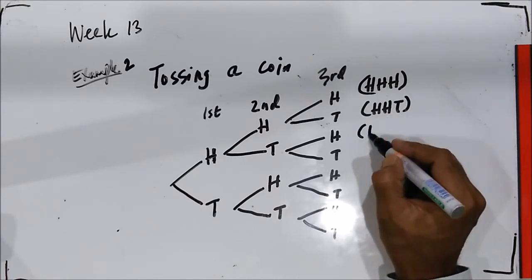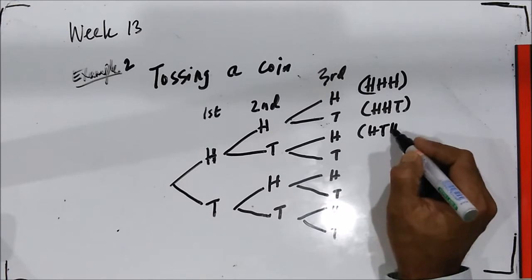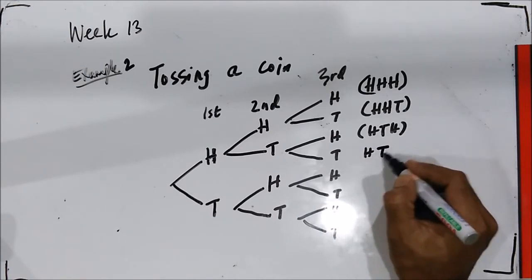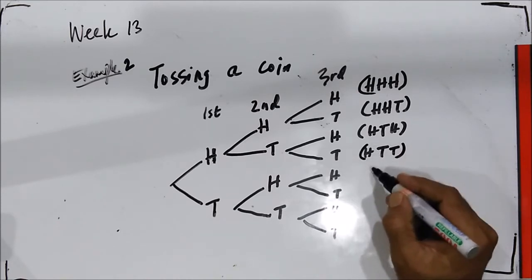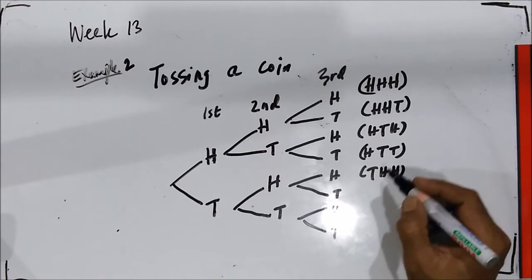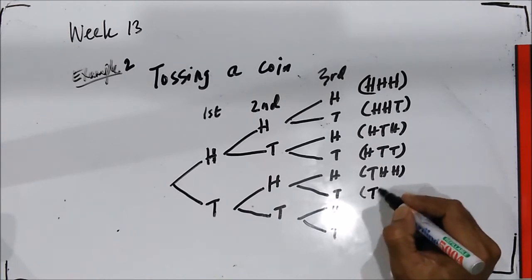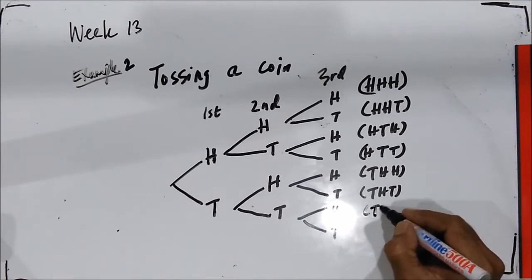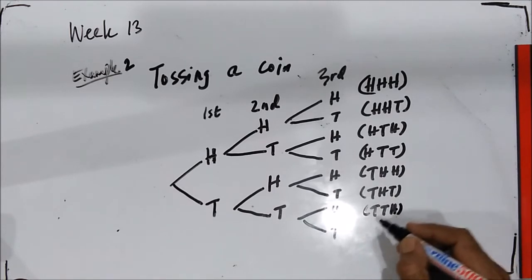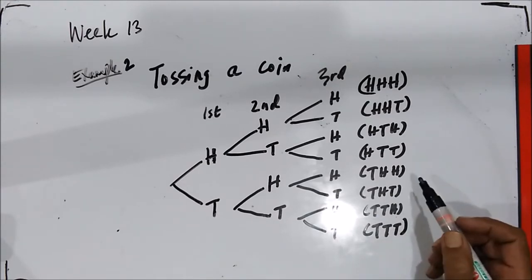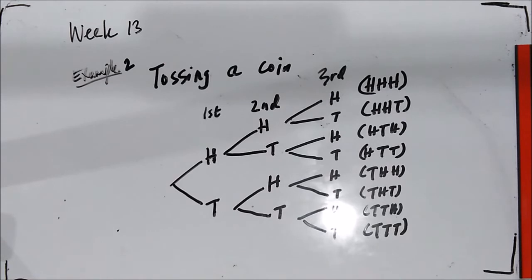So then we have H, H, T. Here we have H, T, H, and here H, T, T, and here T, H, H. Then here is T, H, T. This part is T, T, H. And here is T, T, T. So these are the possible outcomes for tossing a coin 3 times.